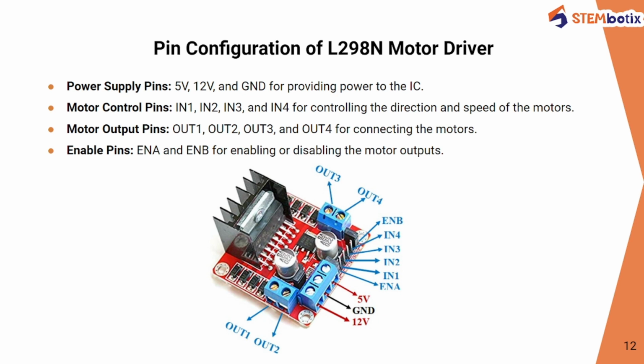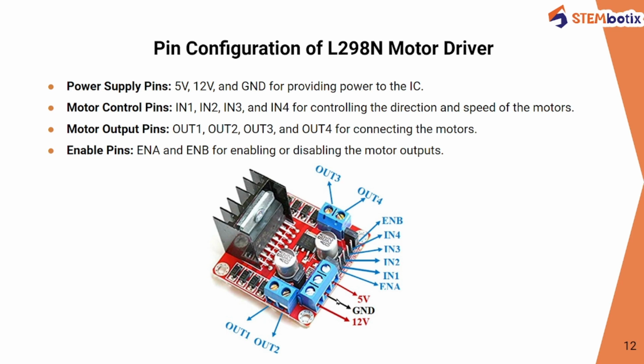This L298N motor driver module has 11 pins that allow it to communicate with the outside world. The pinout is shown in this image. It has three different power pins.